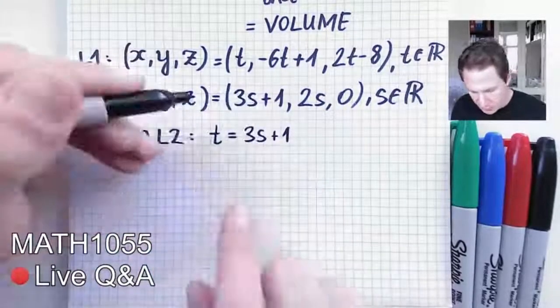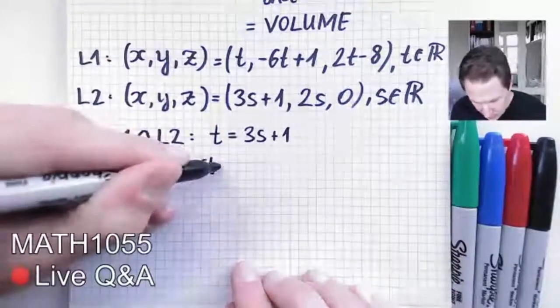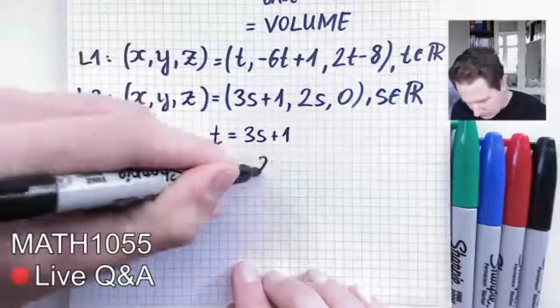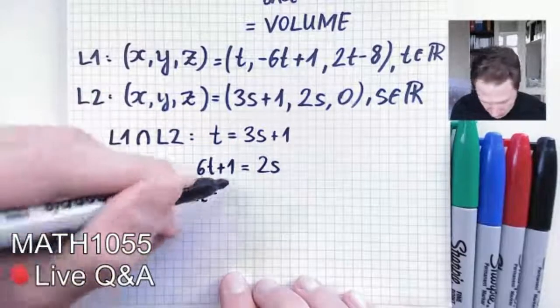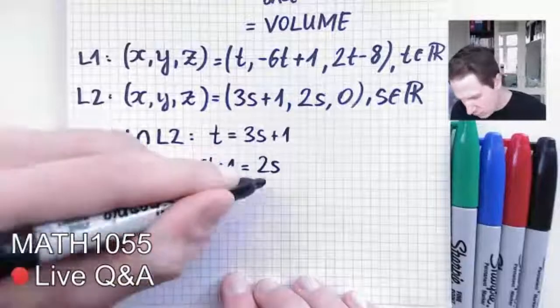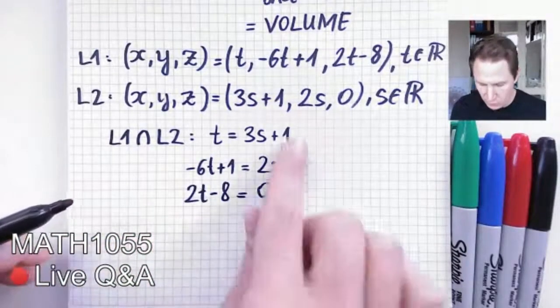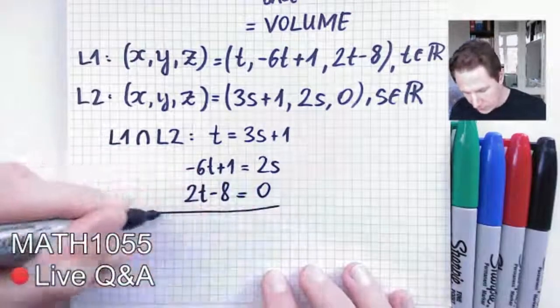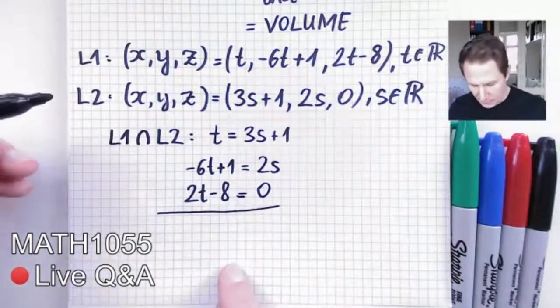The first coordinates should be equal, the second coordinates should be equal to each other, and the third coordinates should be equal to each other at the intersection point. So this is basically what you are trying to solve, these three equations for two unknowns, t and s.